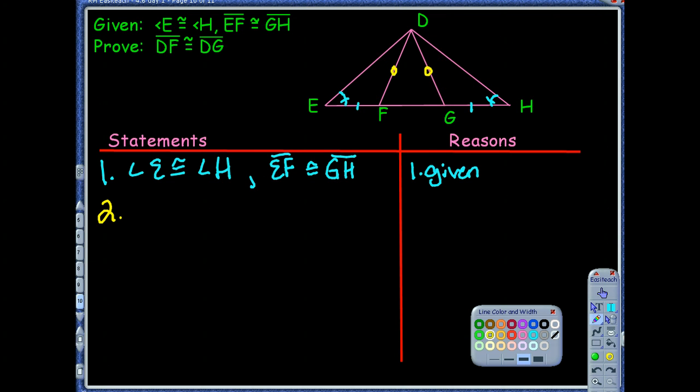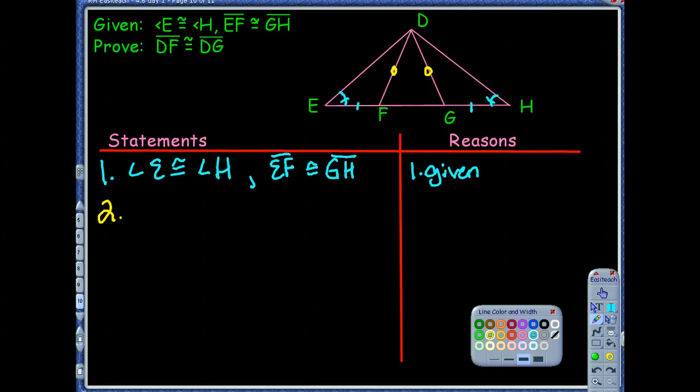So I obviously won't be able to say anything about DF and DG yet. But what I am noticing is that angle E and angle H are congruent, and those are actually part of the bigger triangle. Notice the way they give it to you: angle E is congruent to angle H. As soon as I marked that, I immediately thought, oh, that's part of one big triangle, triangle DEH.